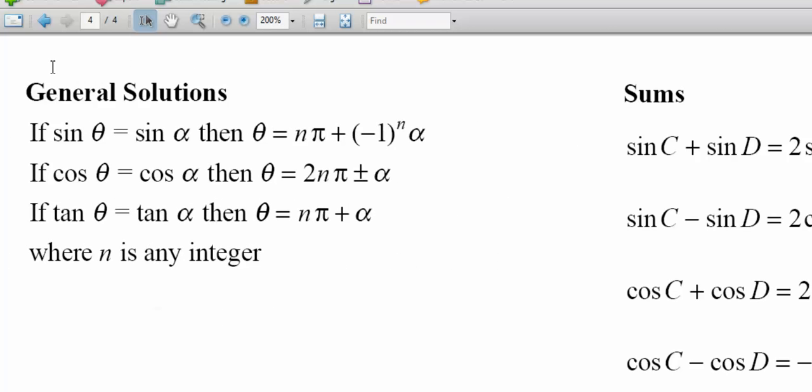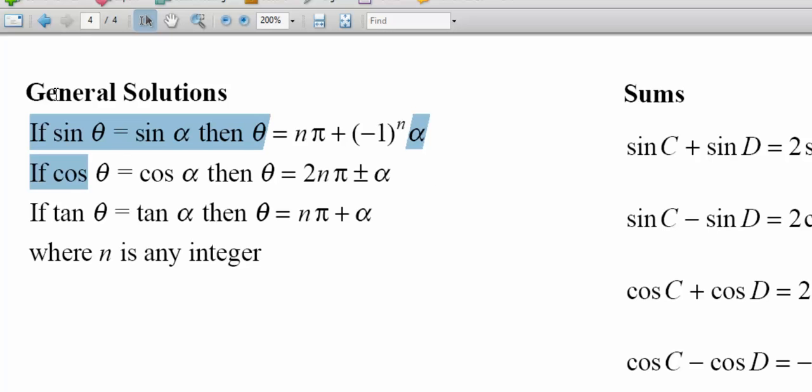Okay, so there are 3 formulas, one for each of the 3 trig functions: sine, cosine, and tangent. At the moment we're looking to find a general solution for an equation that has a sine function, so it's this very first formula that we're interested in.